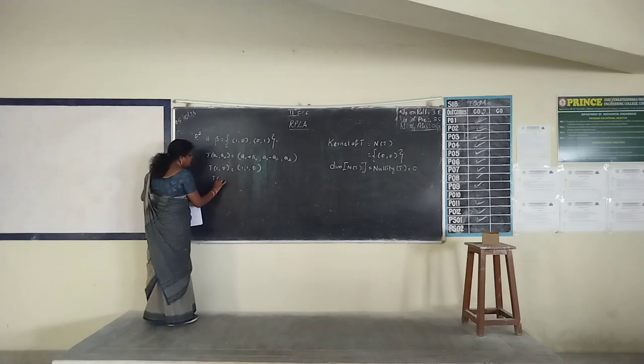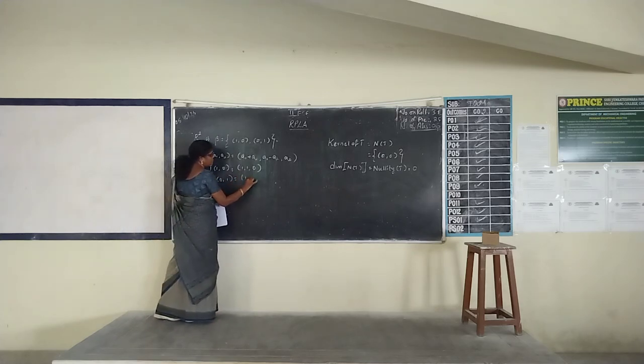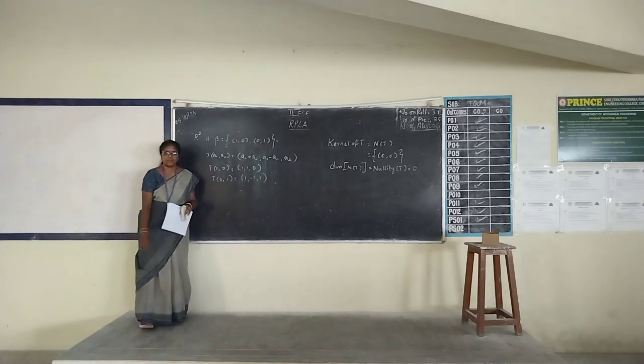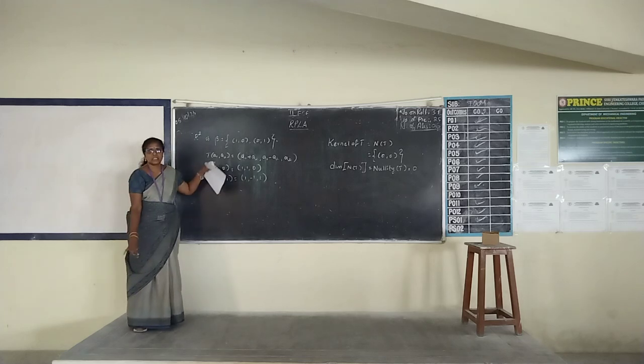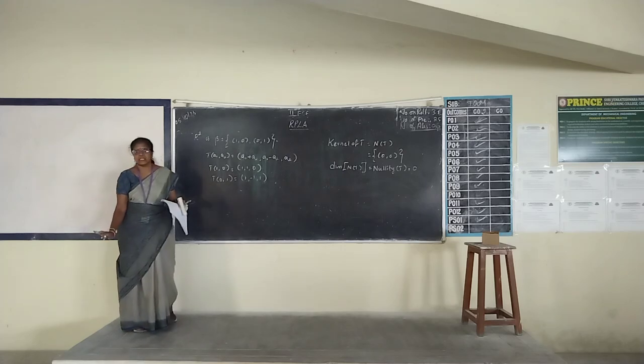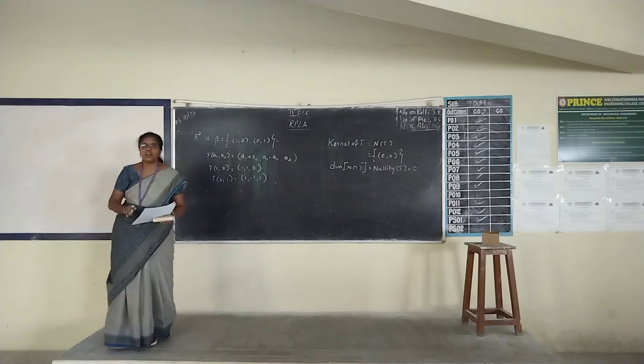Similarly, find what is T of 0 comma 1? That is 1, minus 1, 1. A1 equal to 0, A2 equal to 1. Assume the standard basis, write the given linear transformation, and find the transformation for the standard basis. That's the next step.